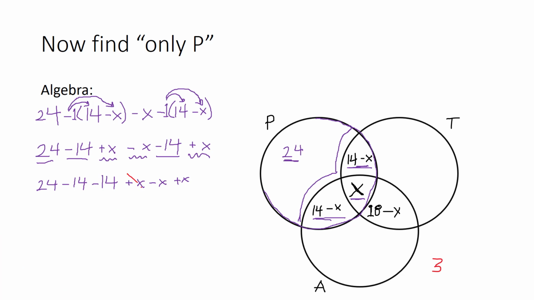Now we can see that once again, two of those x's are going to cancel themselves out. 24 minus 14 is 10, minus 14 is -4, plus x. I don't like writing it like that. I like writing it this way, which works just the same. So here, we don't have 24. That's the whole thing. This is actually x minus 4.